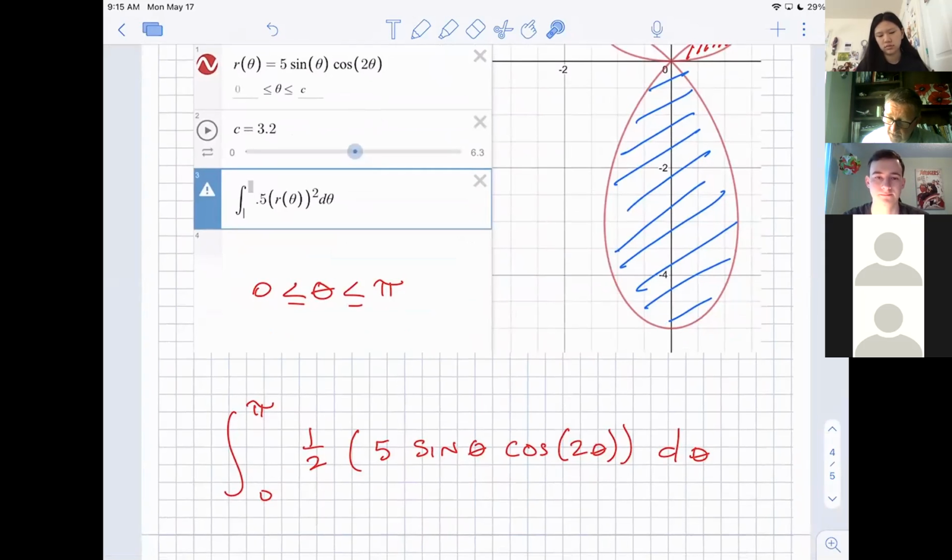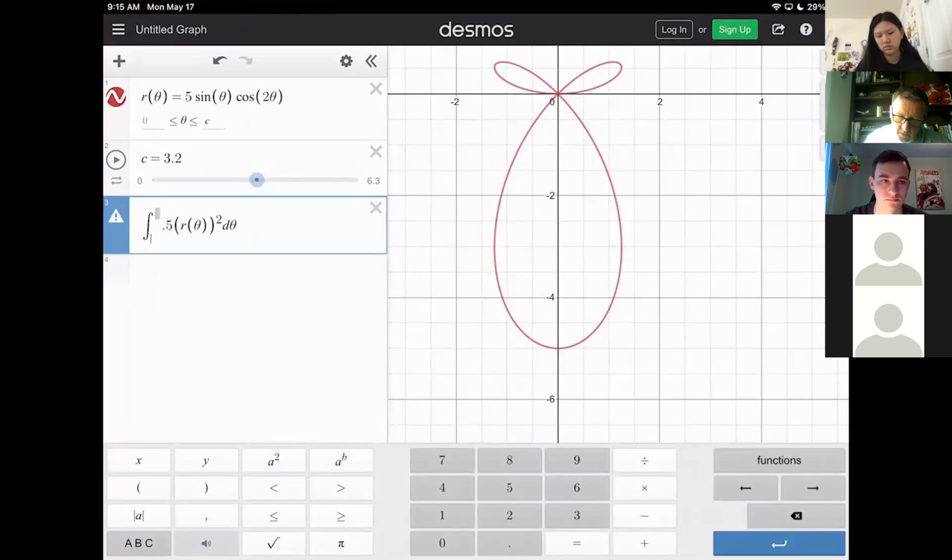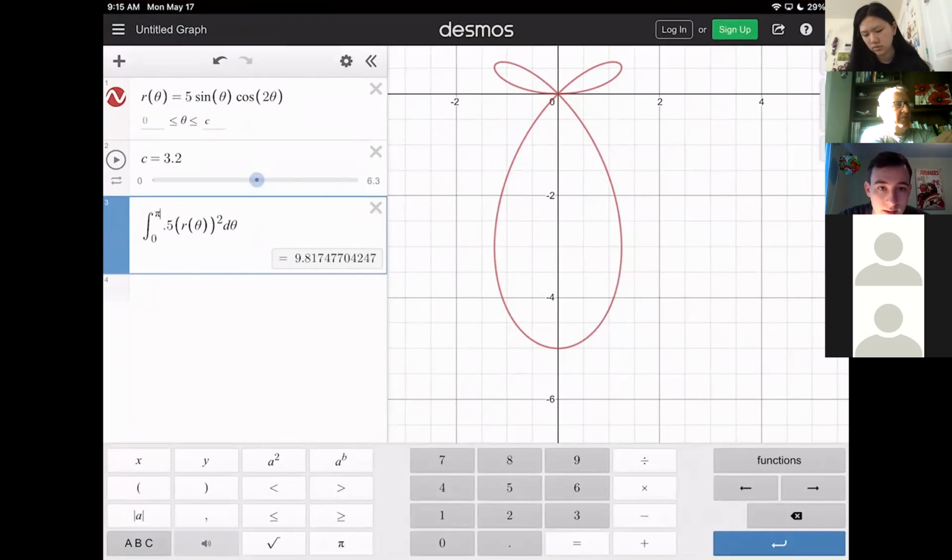So if I cheat on this and say 0 to pi, it says 9.8 for that answer. The thing is like 5 deep and 2 wide. So as a rectangle, 5 by 2 would be 10.